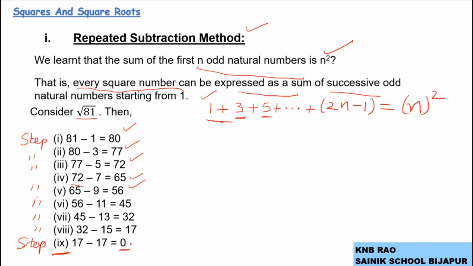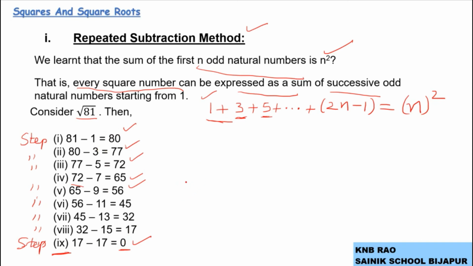First of all, whether we got 0 or not also matters. Suppose if you do not get 0, then the given number is not a perfect square. Given number is not a perfect square if you do not get 0 in the repeated subtraction method. If you get 0, the given number is a perfect square.